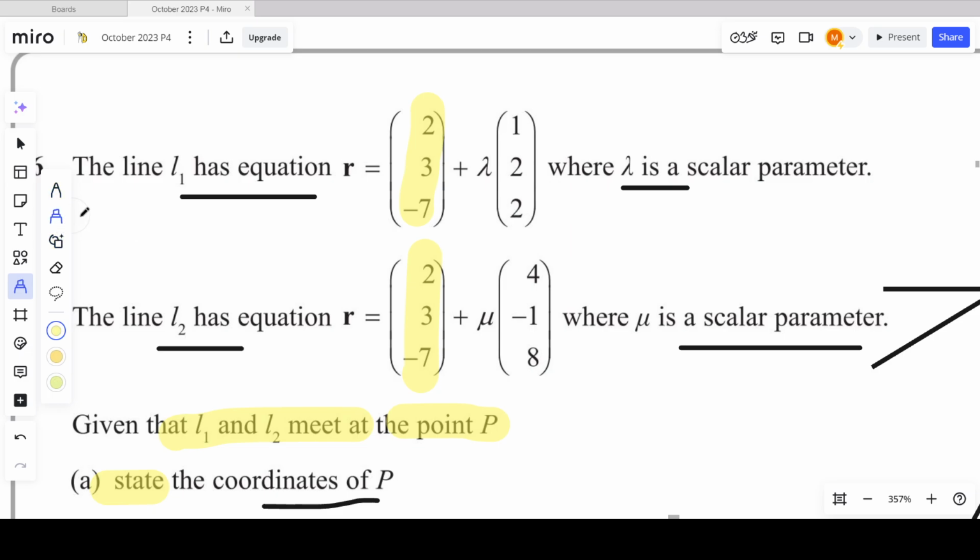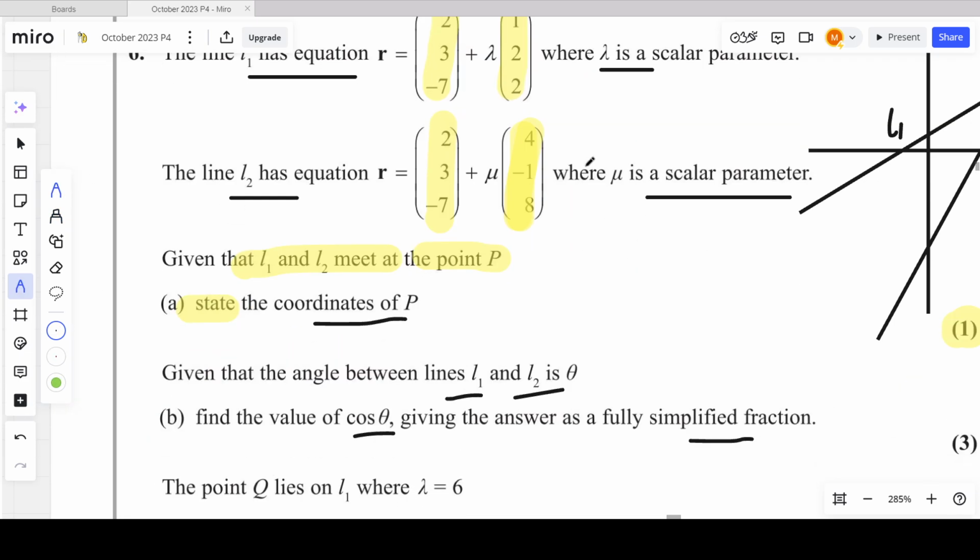For line L1 this is (1, 2, 2), and for line L2 this is (4, -1, 8). So line L1 passes in the direction of (1, 2, 2), and line L2 passes in the direction of (4, -1, 8).